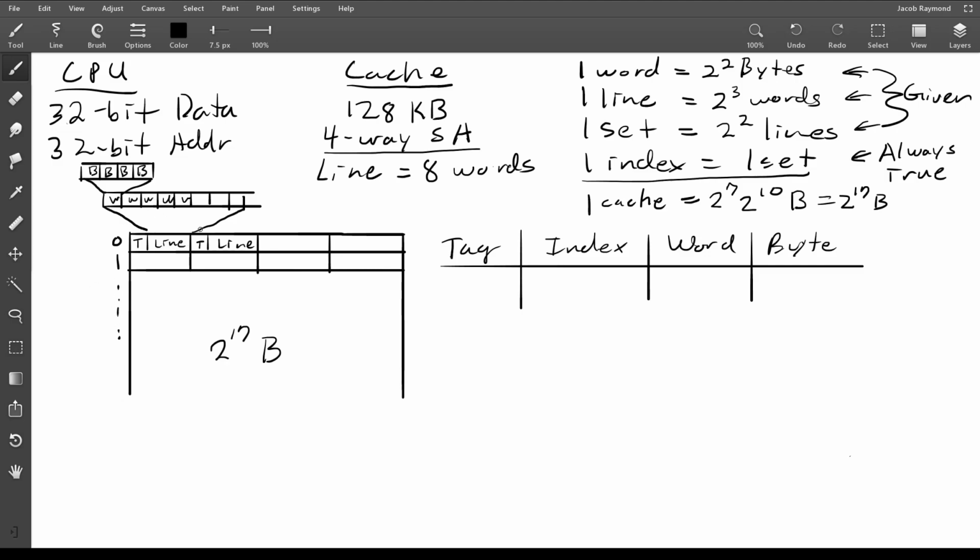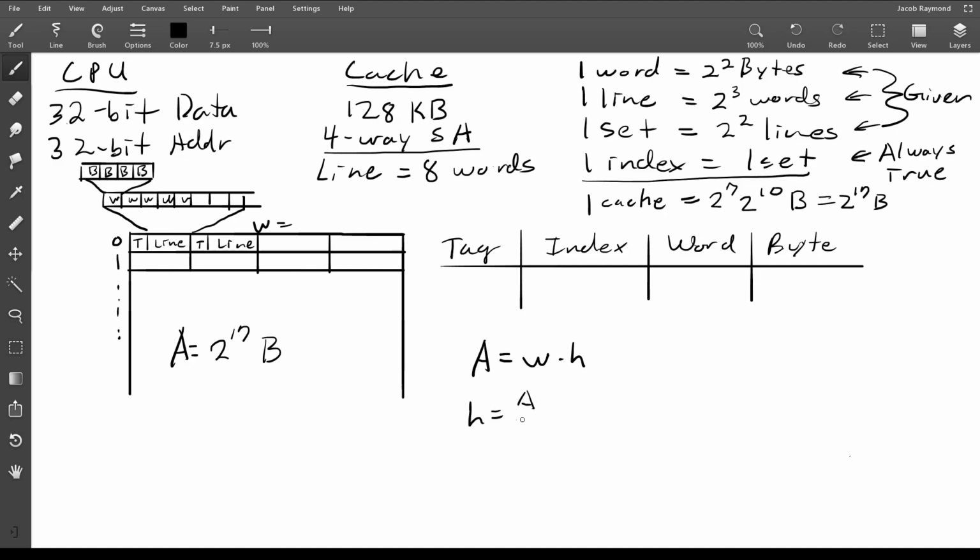Well, if we somehow knew how many bytes there were in a single line, then we can just go back to elementary school mathematics, and we know that the area of a rectangle is equal to the width times the height. And so if this is our area here, and we can figure out our width, because we know how the cache is organized and all of this information here, then we can just divide to get the height, right?